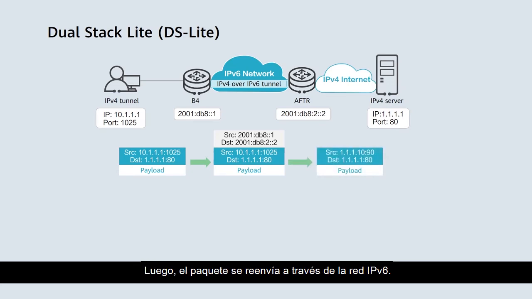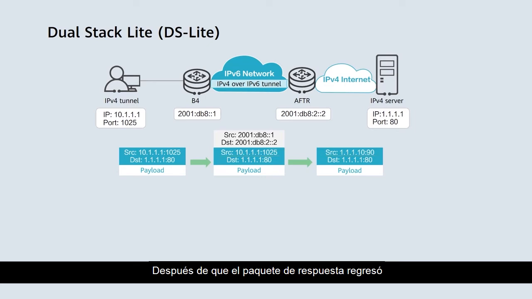The packet is then forwarded over the IPv6 network. After receiving the packet, the AFTR decapsulates it and removes the IPv6 header. It then translates the private network address and the port number in the IPv4 packet into a public network address and the corresponding port number to communicate with the IPv4 server.